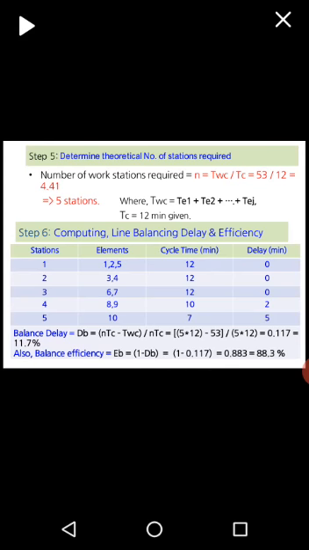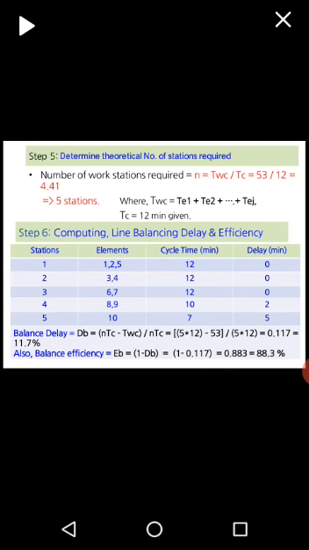Now we need to calculate balance delay as well as balance efficiency. How do we calculate balance delay? Already I gave the formula in video 1 along with the terminologies. Balance delay is given by dB is equal to (n into Tc minus Twc) divided by (n into Tc). n is the number of stations and Tc is the time period.